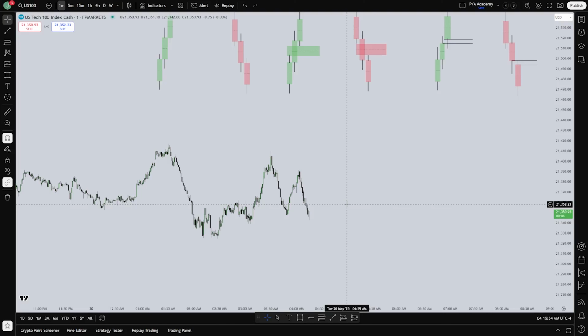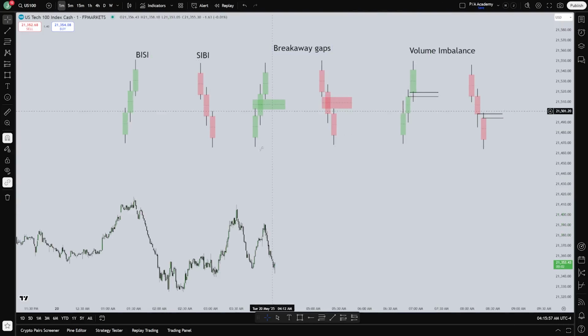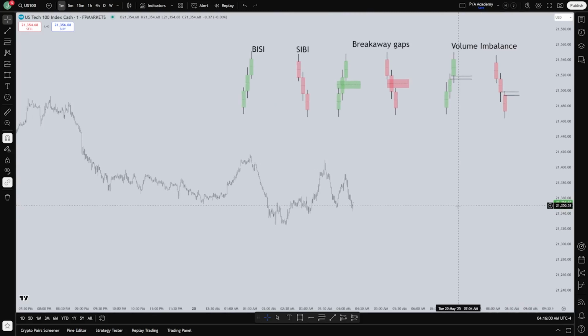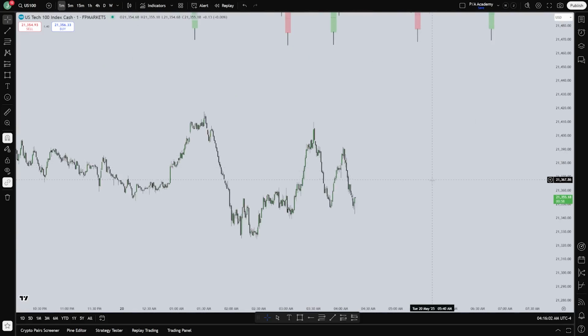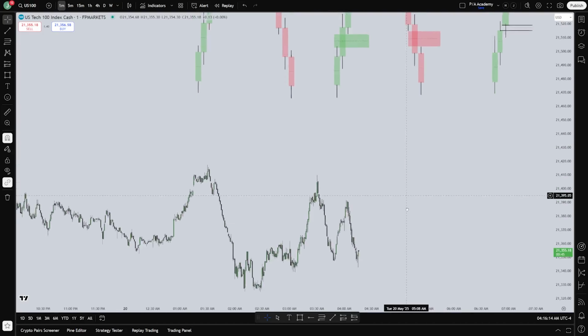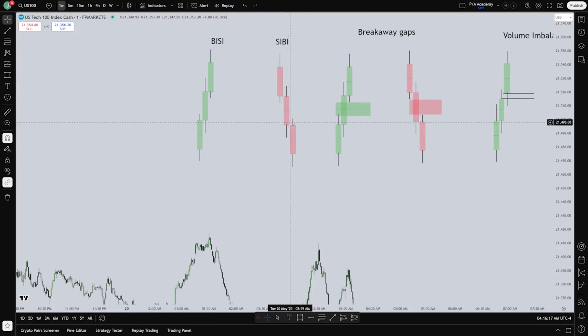And yeah, also not aligning these fair value gaps, well, all these imbalances, with a higher time frame narrative. So if we're bearish on a higher time frame and you're trying to go long off of a fair value gap, the chances of that playing out are not as probable as if you're trying to go short off of a SIBI, right?